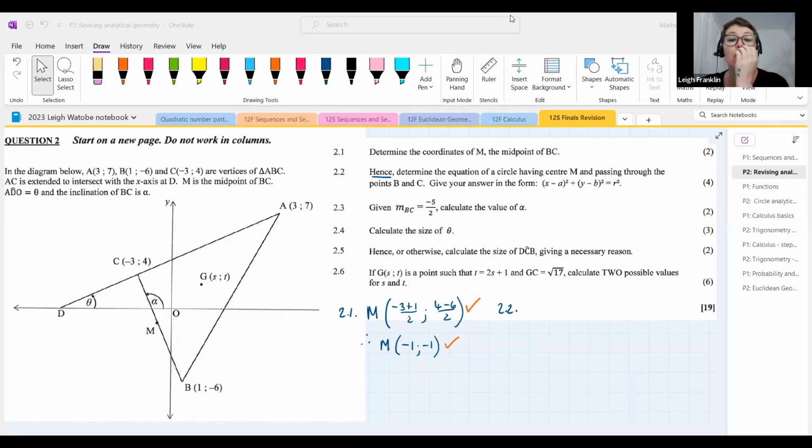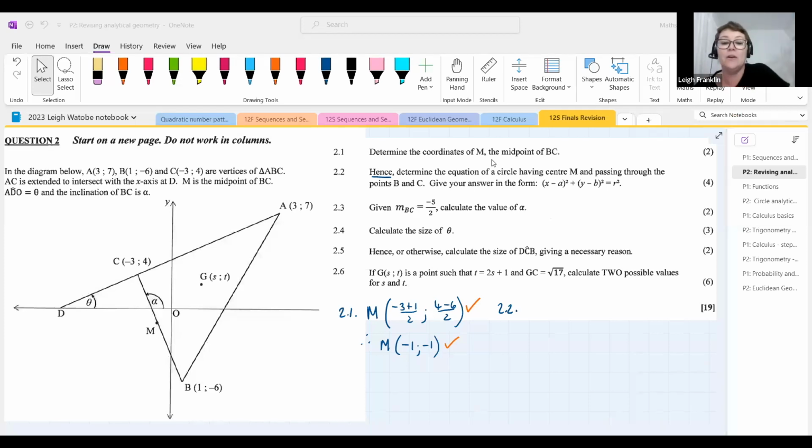Okay, so I've got to sub point M's coordinates into the equation, but where? Do I sub them in place of x, y, a, b, r? Where do the coordinates from M go? Okay, the coordinates for M go in place of a and b respectively. Good, well done.